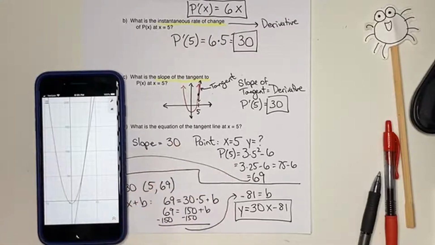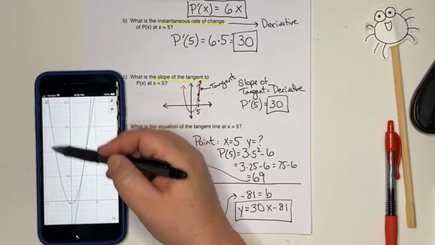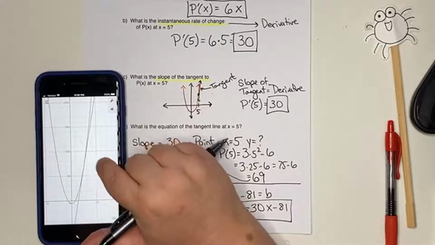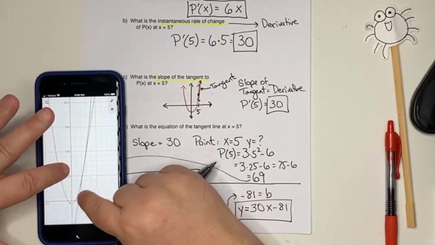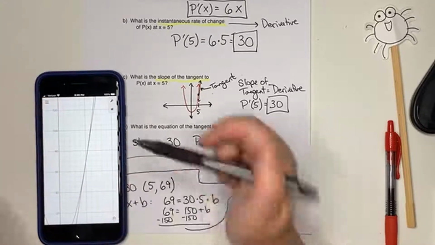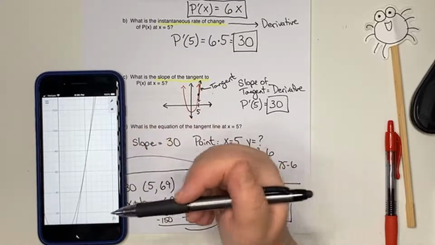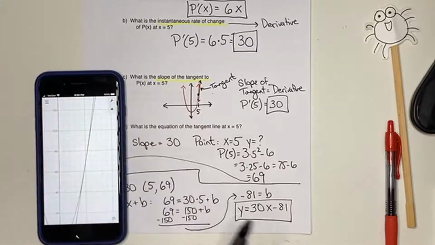So can you see there is a blue line? That's the tangent line. And here's our original function. And they intersect right there at x equals 5. That's the point of tangency. That's where the tangent line bumps up against the function.